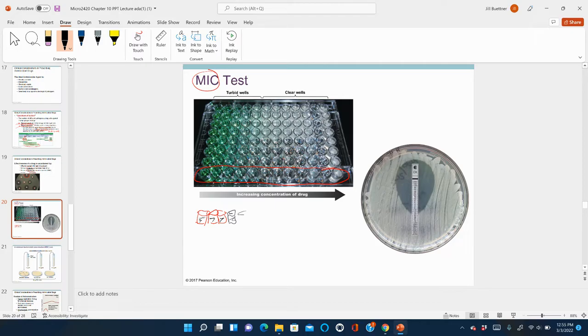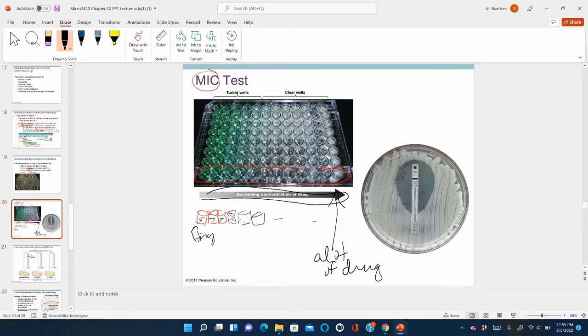You inoculate each of these with a tiny bit of the bacteria, and then you add an increasing amount of the drug. Let's say you have a tiny bit of the drug in this first tube, and as you move across, this last one has a lot of drug. You would know what the concentration is in each of these wells. And then you incubate it.